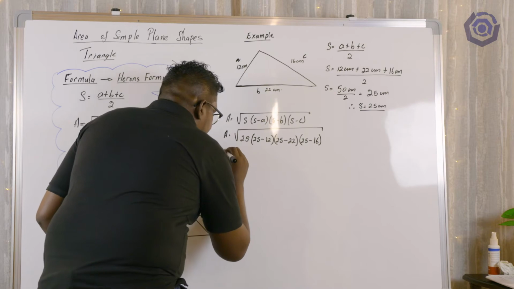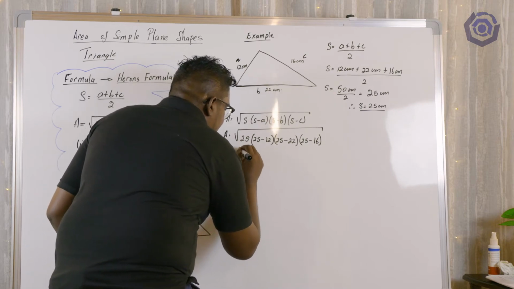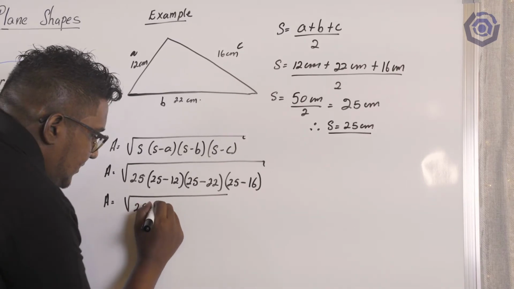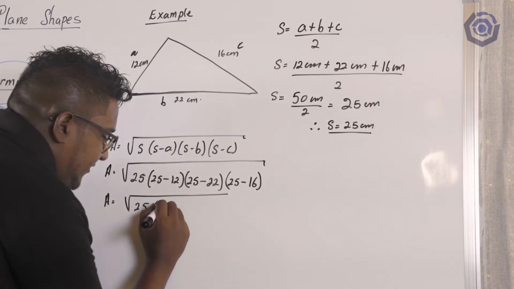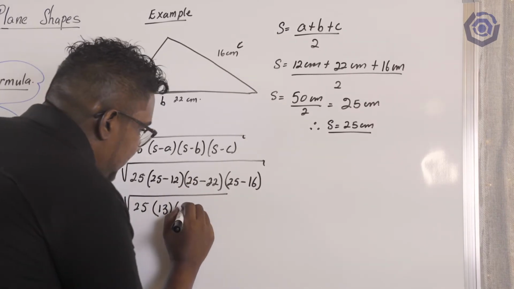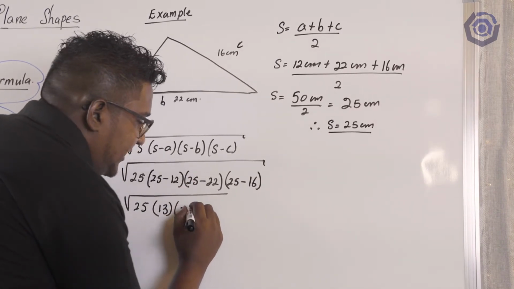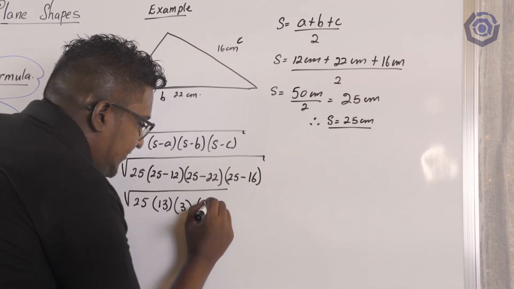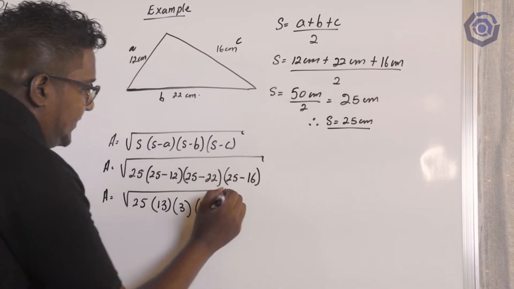So we have A is equal to the square root of 25. 25 minus 12 would give me 13, 25 minus 22 would give me 3, and 25 minus 16 would give me 9.